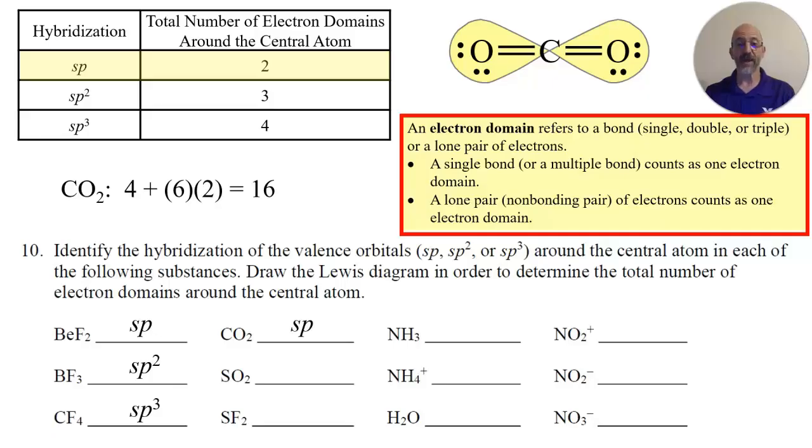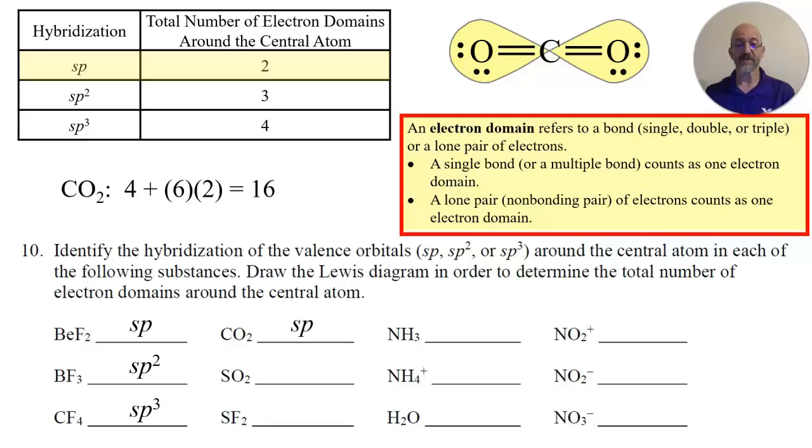So an electron domain refers to a bond, which could either be single, double, or triple, or a lone pair or a non-bonding pair of electrons. So a single bond or a multiple bond counts as 1 electron domain, and a lone pair or a non-bonding pair of electrons on the central atom counts as 1 electron domain.